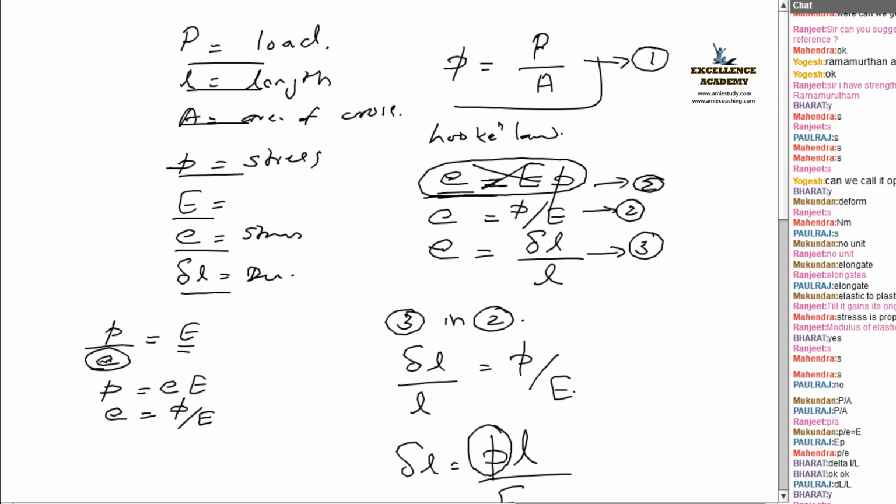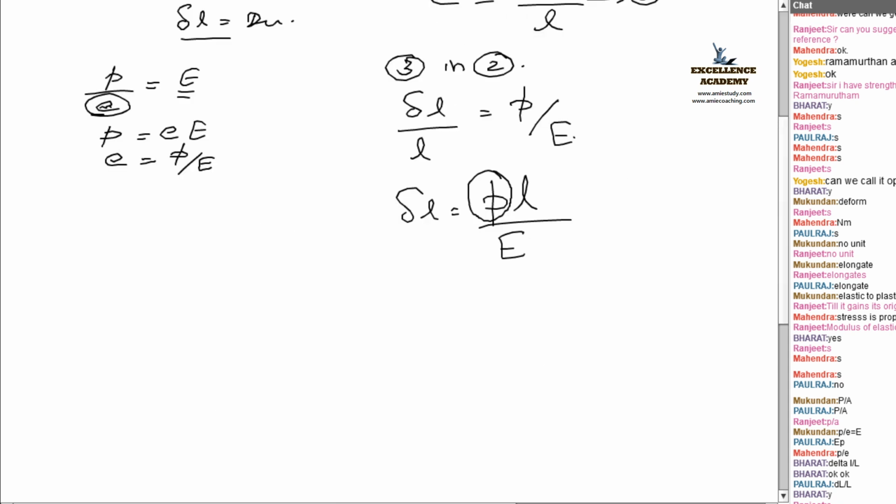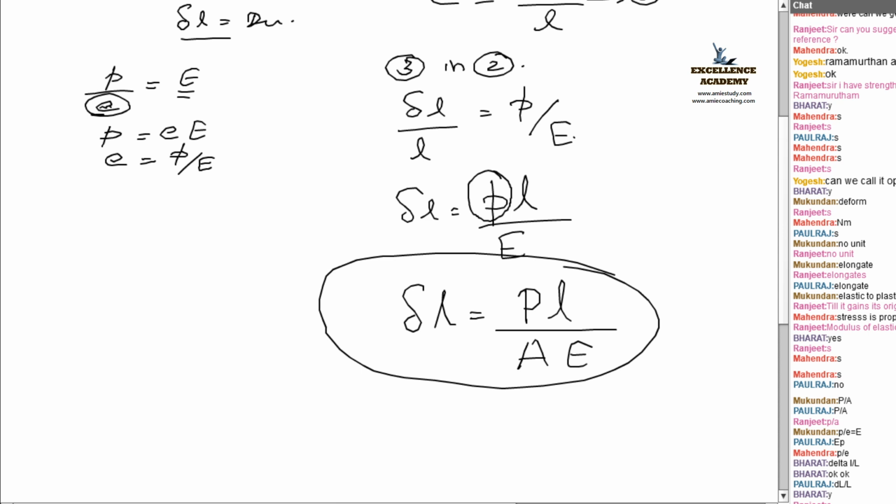Equation number 1 is small p is equal to P by A. So substituting P by A, that is PL by AE. This will be the deformation of a body due to an external force.